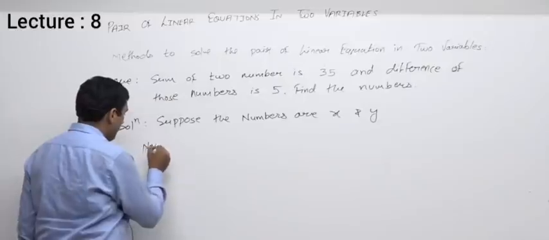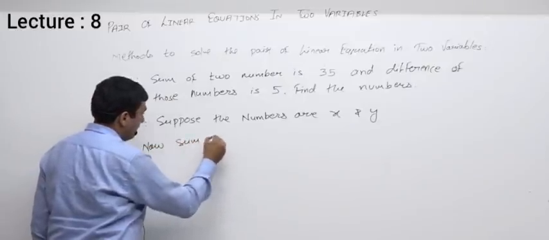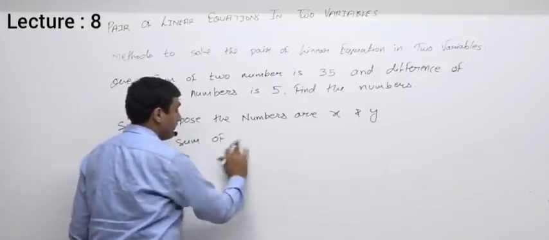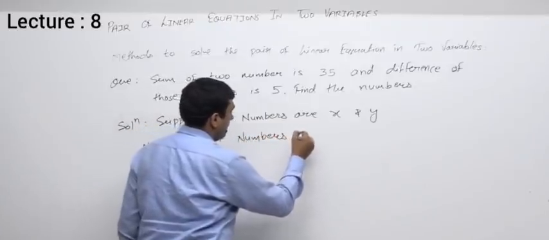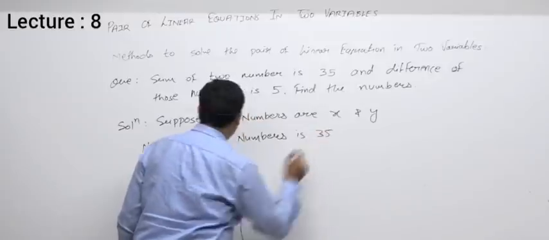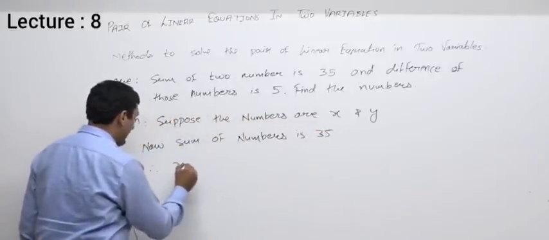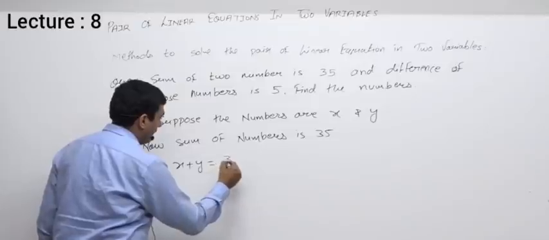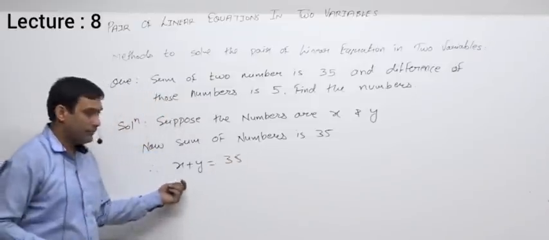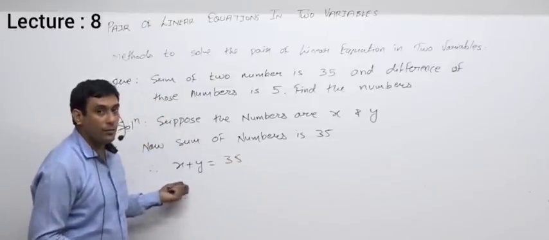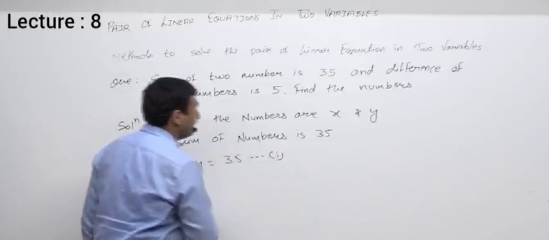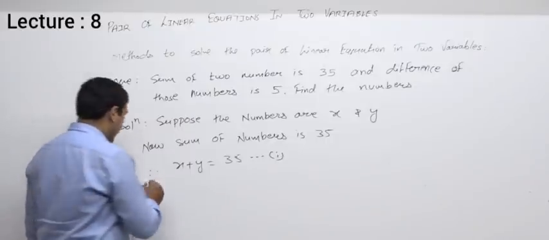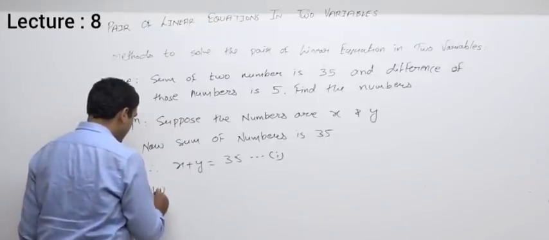Now the sum of numbers is 35. Therefore I can say x plus y is 35, that is, they are saying that addition of those two numbers is 35. So x plus y equal to 35. This is equation number 1. Now the second condition is given.